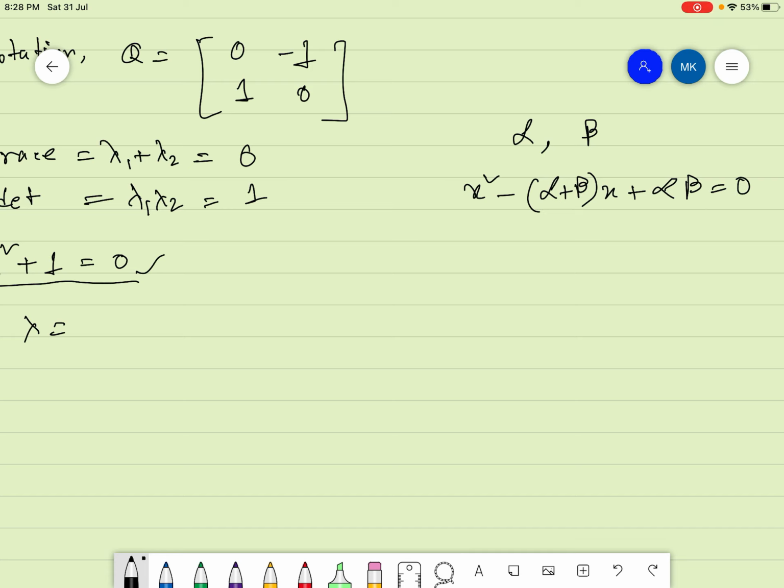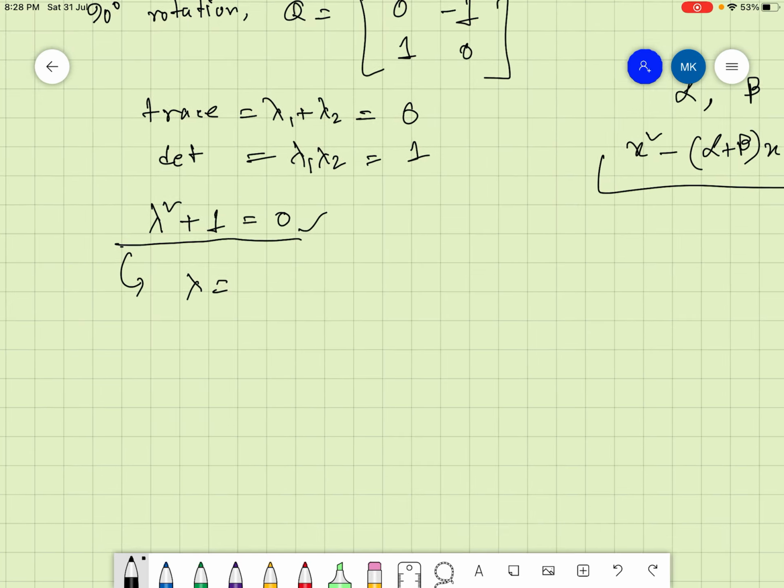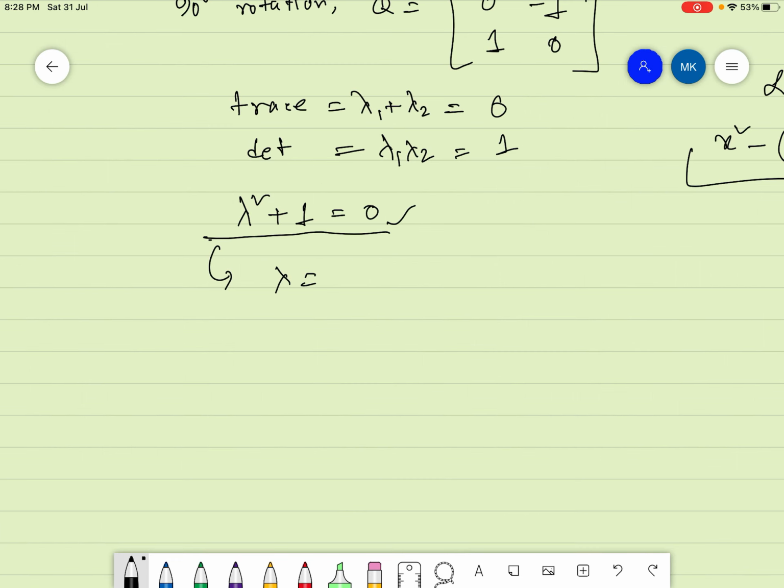I hope this is correct. So if we solve this equation, we get plus or minus the square root of minus 1. It should be positive i and negative i. These are the two solutions.